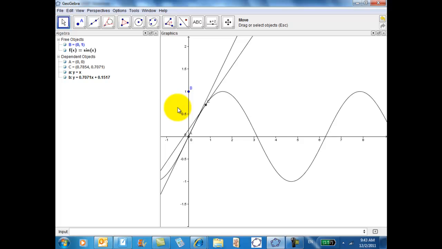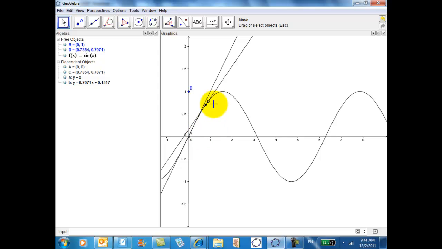Okay, so now we're going to plot the point pi over 4, comma, and we're going to grab the slope of this line there, 0.7071. There you go.